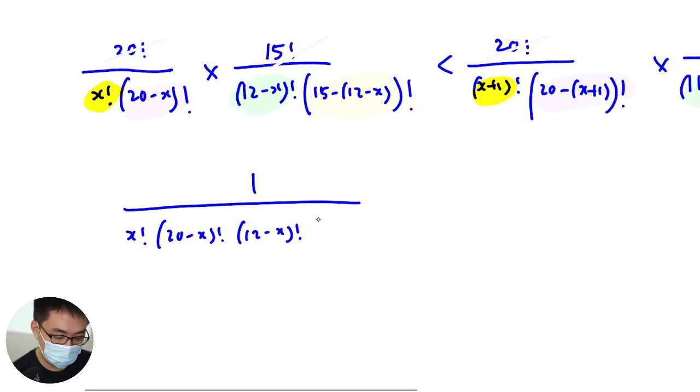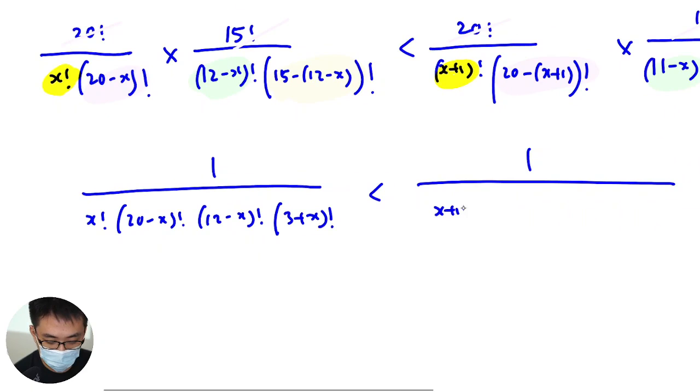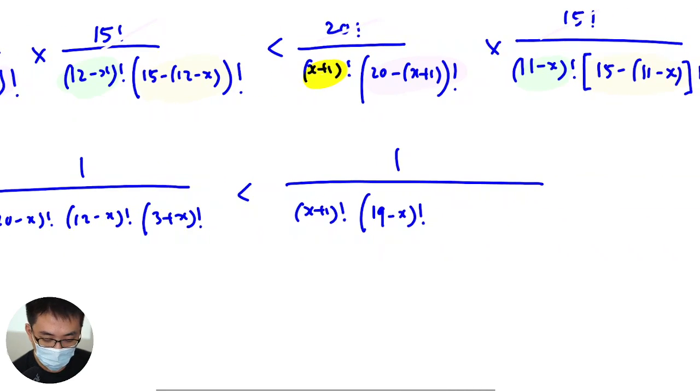And then this will just be 3 plus x, 1 over x plus 1. Then this is 19 minus x factorial. Then this is 11 minus x factorial.